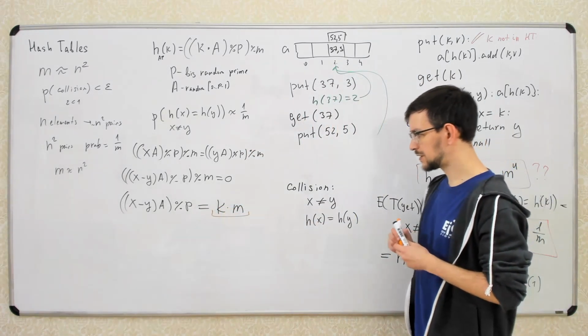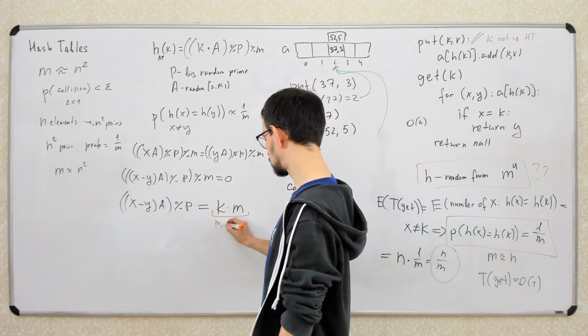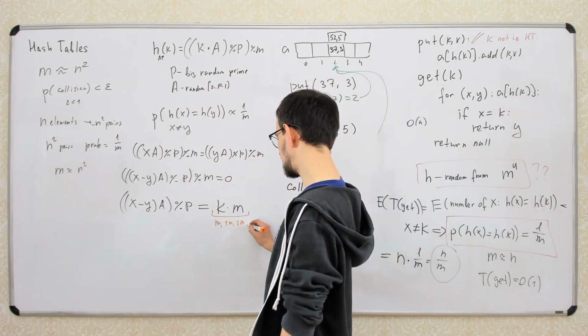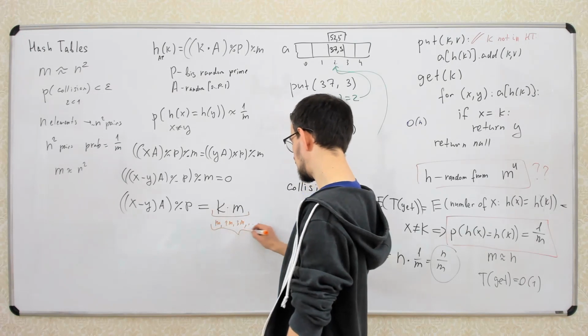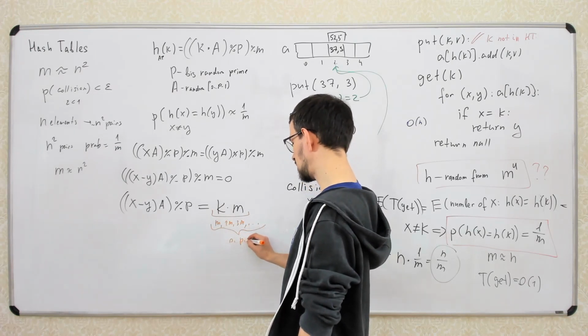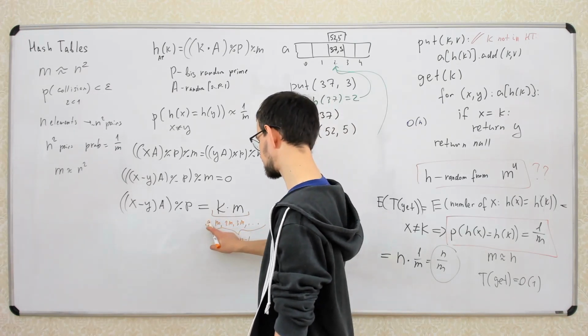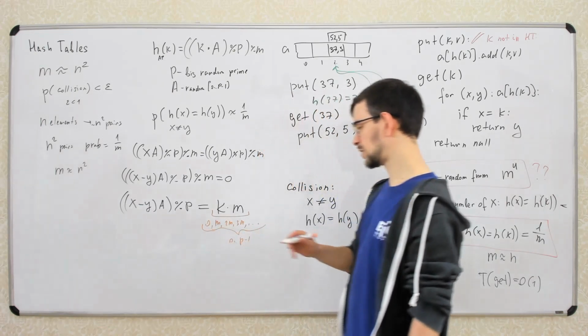It's M, 2M, 3M, and so on. And this number should be from 0 to P minus 1.